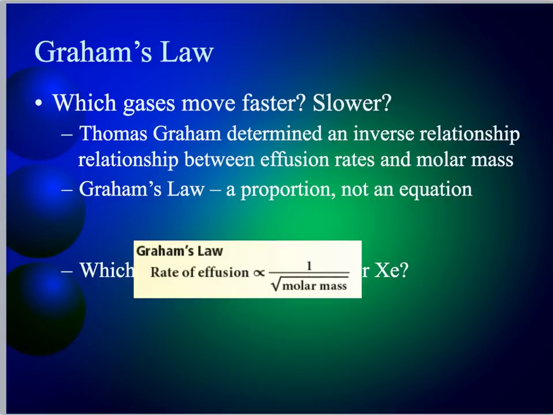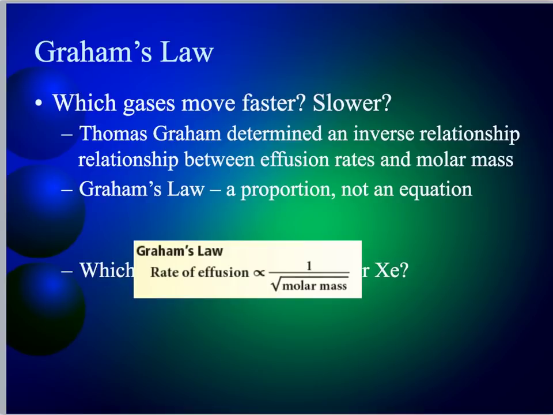Okay? And then as far as how we apply this, there actually is a way to get an equation out of this. By looking at this right here, the gas that's going to weigh more, if I have a larger denominator, it's going to move slower, right? 1 divided by a bigger number is going to give you a smaller number, versus 1 divided by a small number, that'll give you a larger rate of effusion.